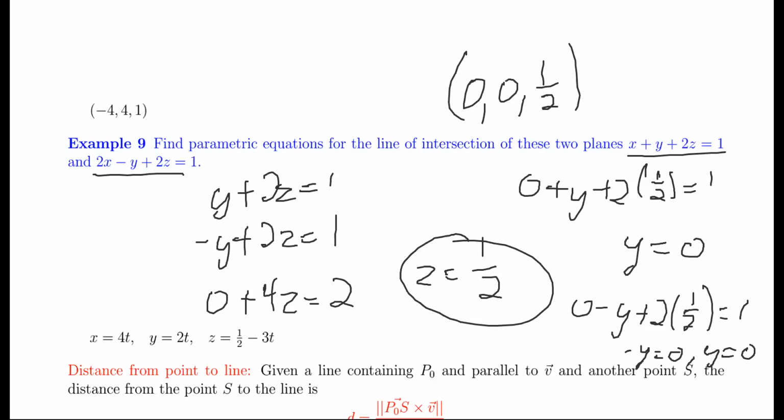Now going back for a moment, we said let's just assume x equals 0. Well, if x equals 0 had given us some kind of contradiction when we tried to finish out this system of equations, then we could just try y equals 0 or z equals 0. One of those will work.